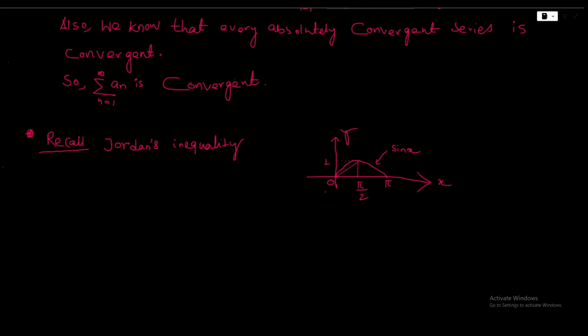So first मैं कोऑर्डिनेट को लिख लेता हूँ. ठीक है. तो लाइन पासिंग थ्रू द पॉइंट (0,0) एंड (π/2, 1).